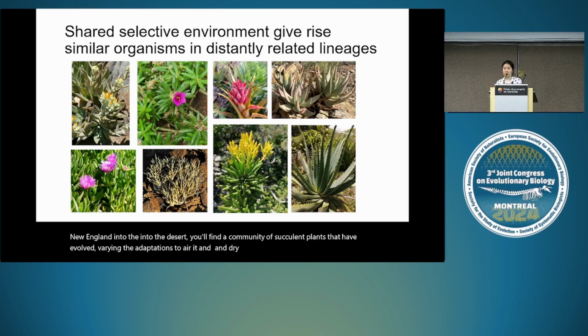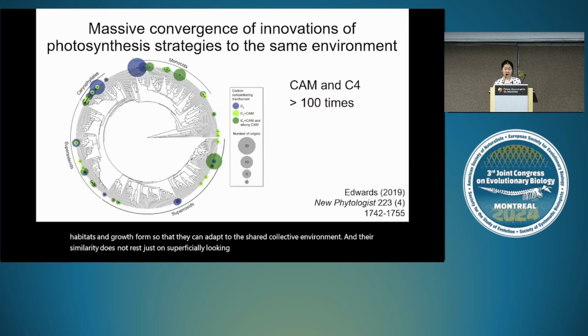And unlike the goldenrod photos that I showed you previously, these 8 plants all come from different plant families, but they've converged on the same habitats and growth form so that they can adapt to the shared collective environment. And their similarity does not rest just on superficially looking similar. They've converged also on their fundamental strategies to photosynthesize, which is what essentially makes a plant a plant.